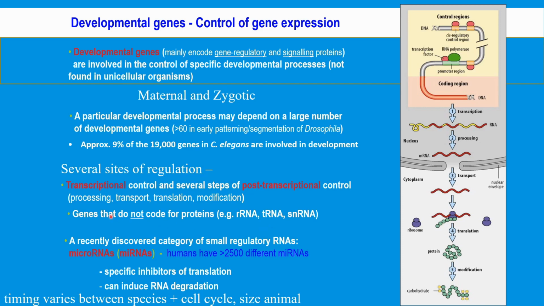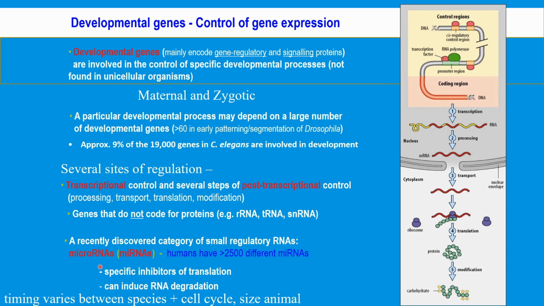But there's recently been the discovery of a category of regulatory RNAs, microRNAs, and in humans they've identified over 2,500 different microRNAs. These act as inhibitors of translation, and they can induce targeted RNA degradation on certain genes, and these have been shown to play developmental roles in some cases, particularly in C. elegans, controlling developmental timing.